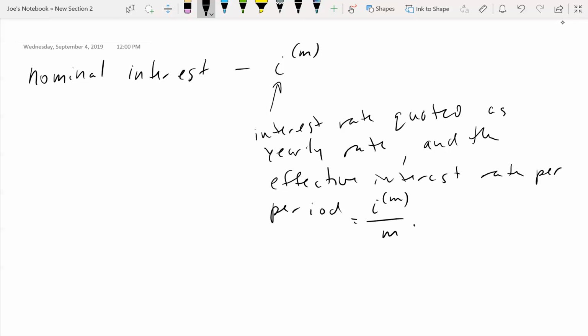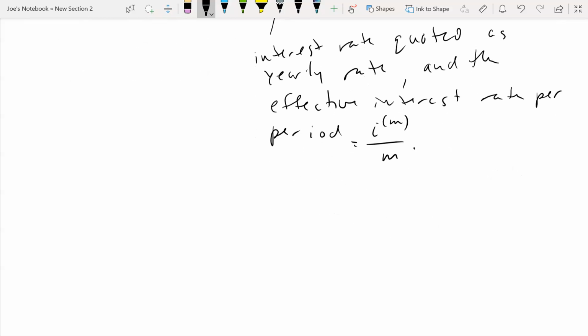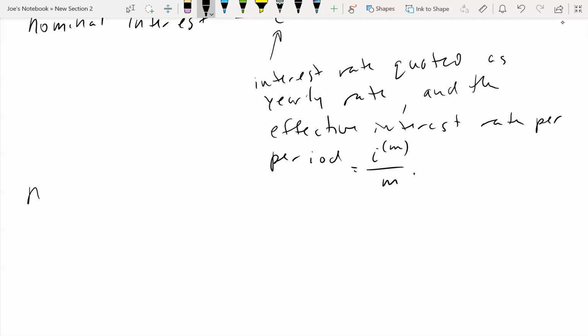Versus nominal interest rate means you're going to have to convert it to an effective interest rate per period. You have to be aware of those things. And you would have the same thing for your discount rate. If you have a nominal discount rate, you would have d^(m), and you would need to divide by the m.